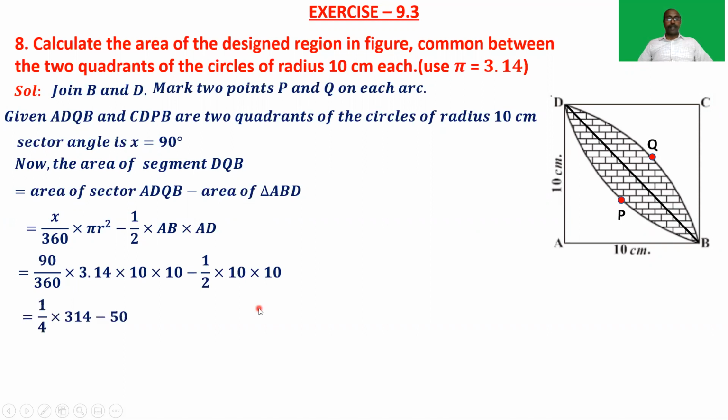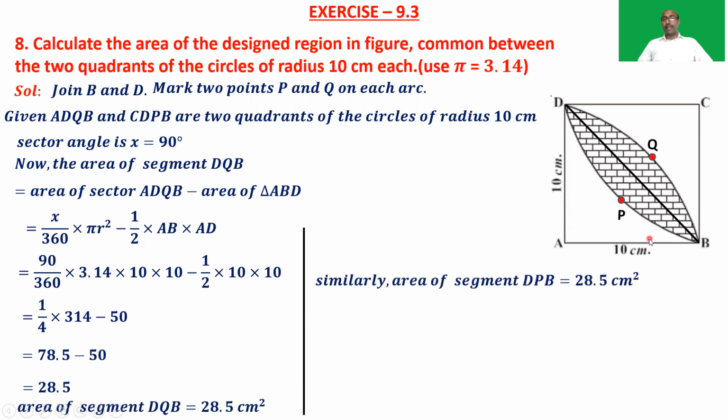By simplifying, we get 28.5 centimeter square. So the area of segment DQB is 28.5 centimeter square, and similarly the area of segment DPB is also 28.5 centimeter square.